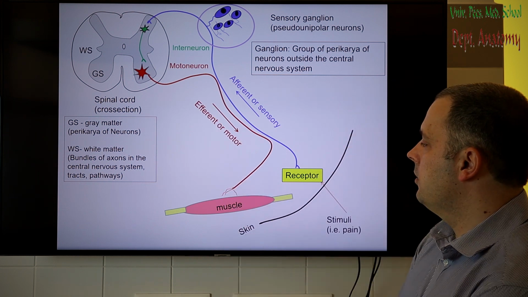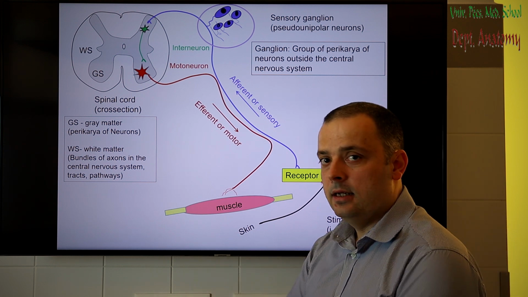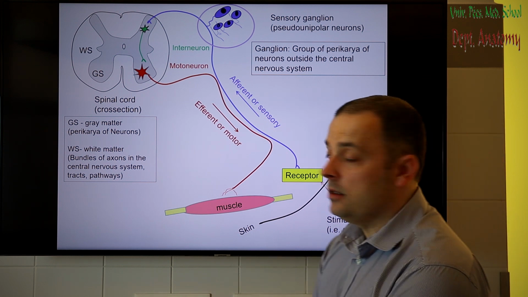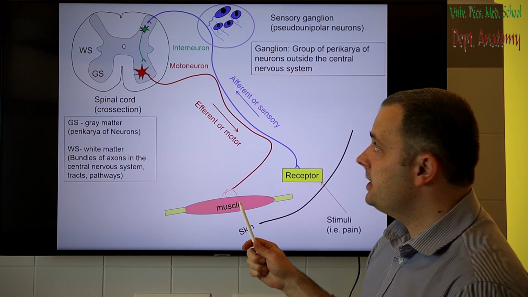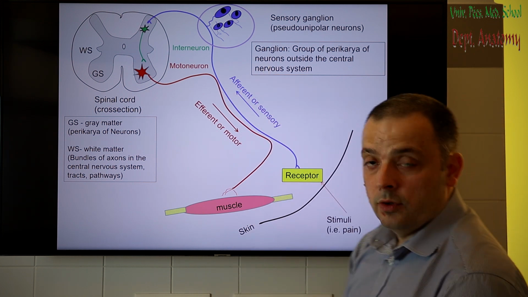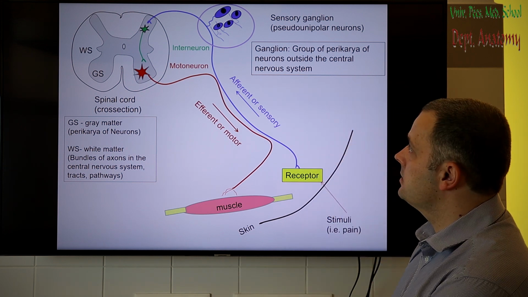It's a motor way that lets the muscle contract, and then you can drop off the mug so that it doesn't burn your skin. So this is how the information spreads, and I wanted to explain in this slide the sensory ganglion's significance.